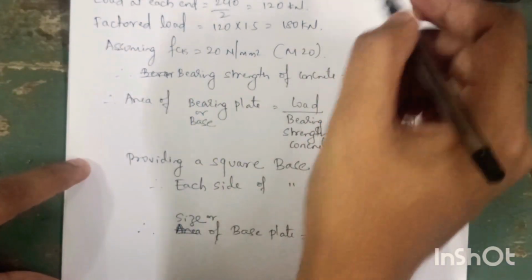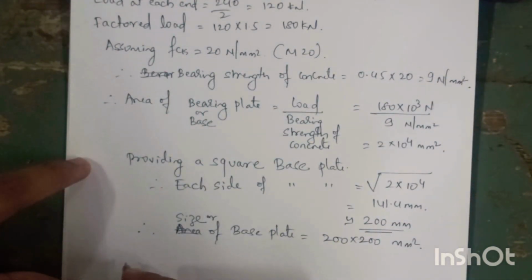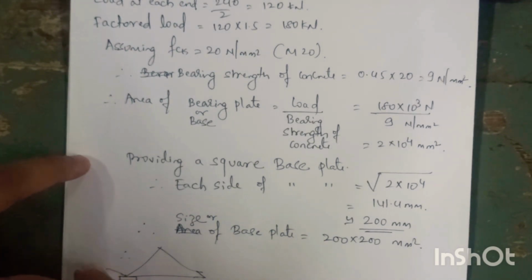So now we will be calculating the upward base pressure. Say this is the truss that is supported on a base plate of size 200 into 200 on a column.